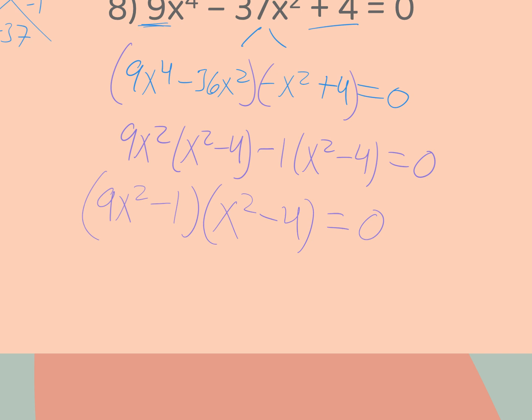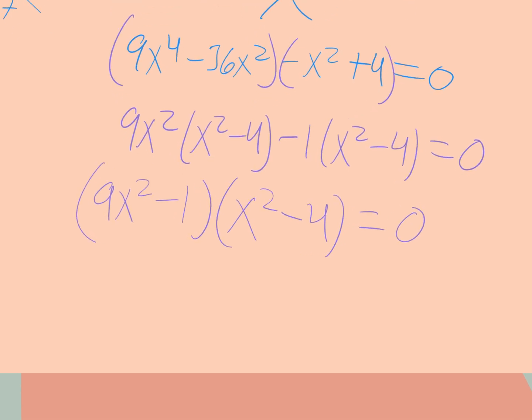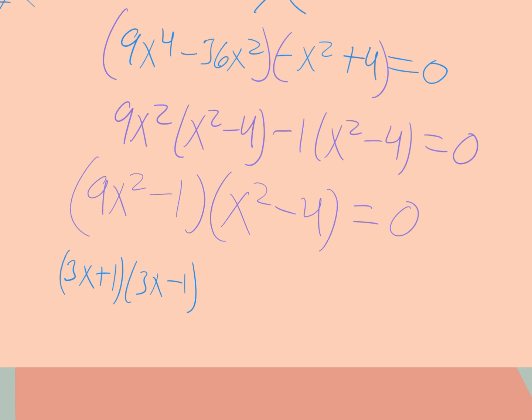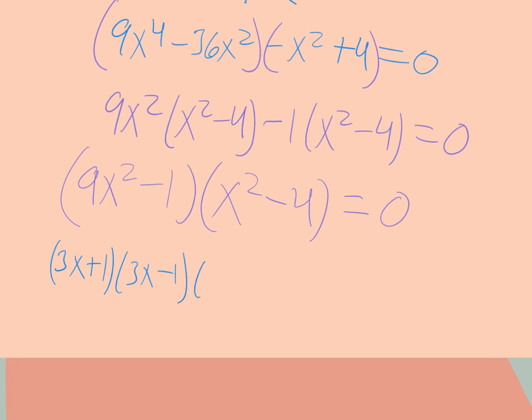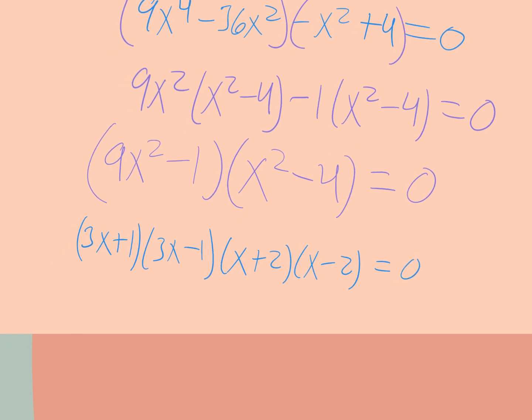If you want to factor all the way, both of these factors are difference of squares. So the first factor, we can separate into 3x plus 1 and 3x minus 1. And our second set of factors, we can separate into x plus 2 and x minus 2, equals 0. And then just set each factor equal to 0 and solve. 3x plus 1 equals 0, 3x minus 1 equals 0, x plus 2 equals 0, x minus 2 equals 0.